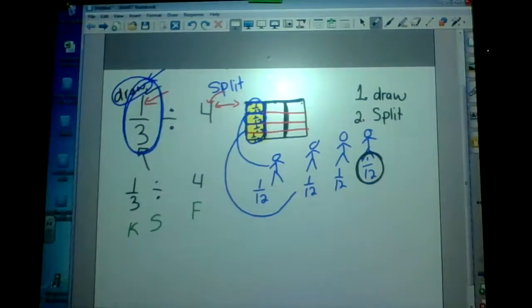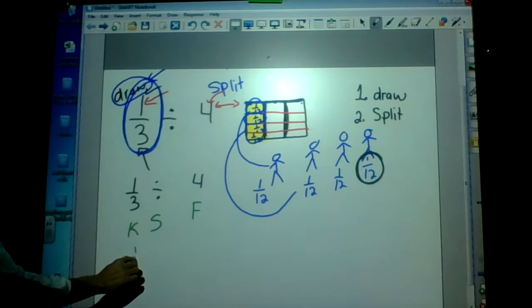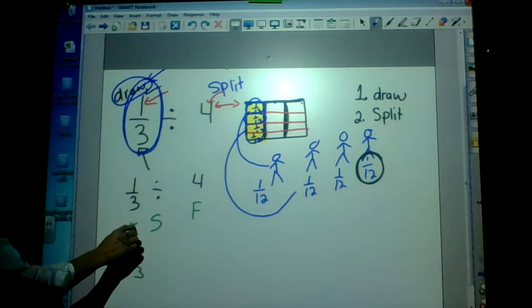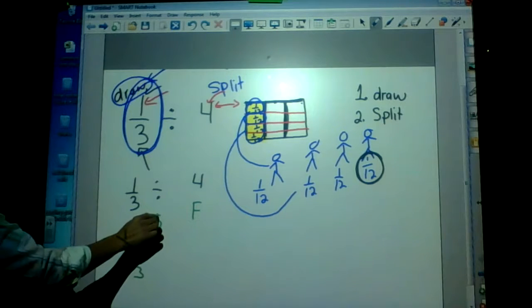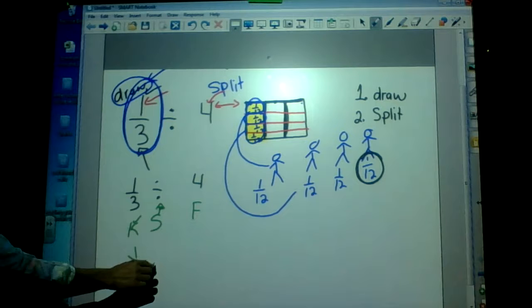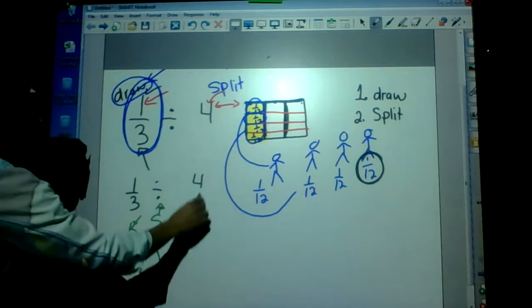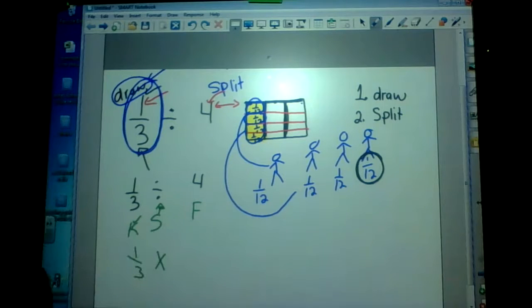So let me keep the 1/3. Check that off. I'm going to look up. I need to switch division for multiplication. I need to flip the 4.